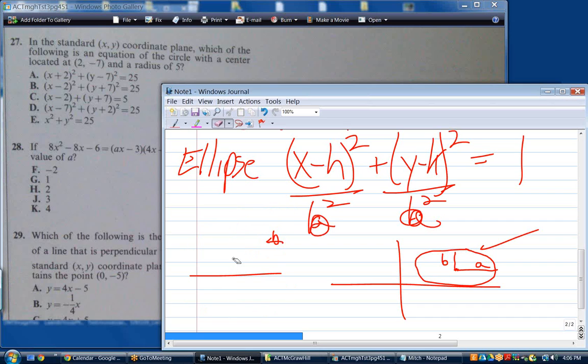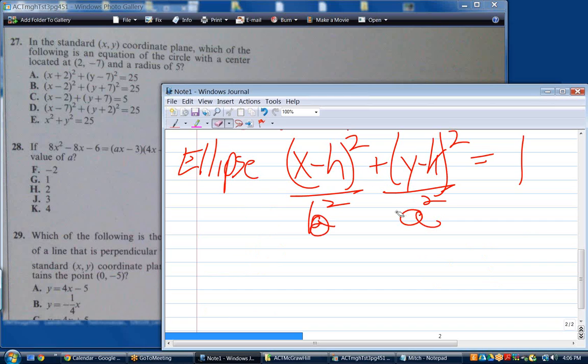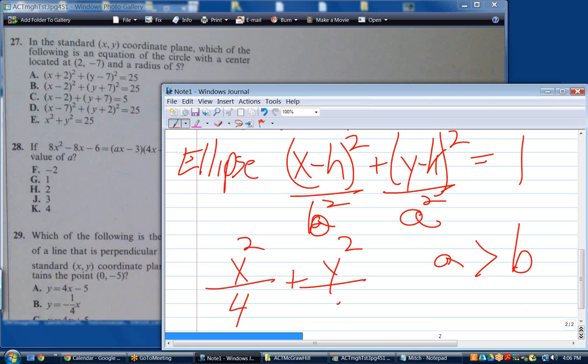In other words, if you find an ellipse that has this format here, you know it is a vertical ellipse. And the most important thing, a is greater than b. So if I told you that x squared over 4 plus y squared over 9 is equal to 1, is that a horizontal or vertical ellipse?